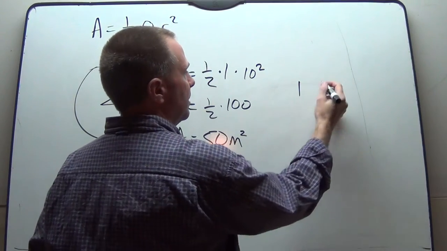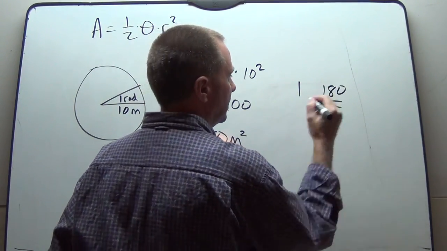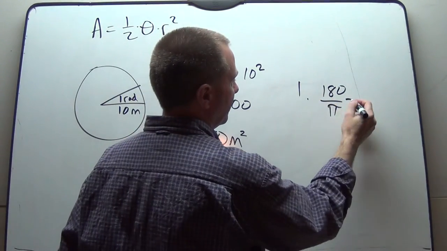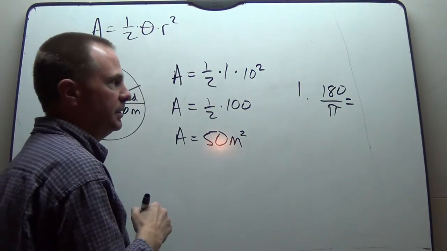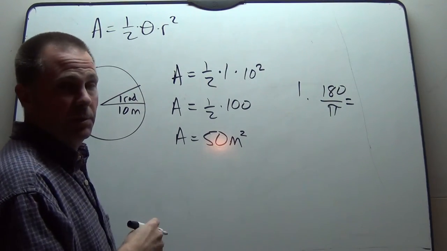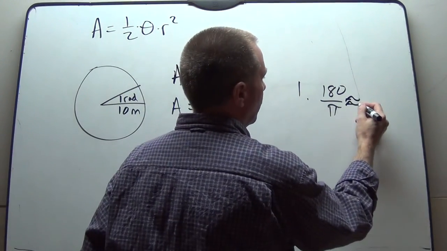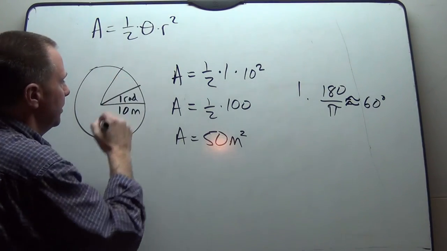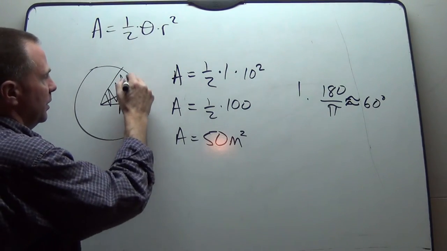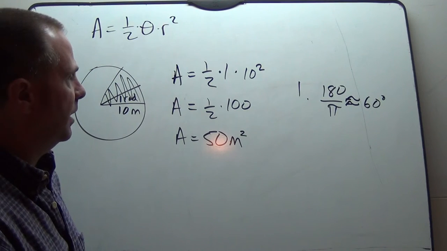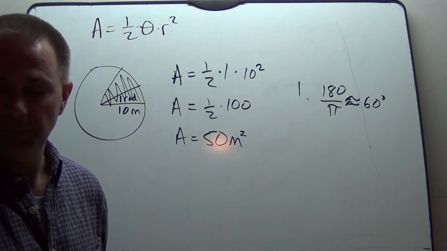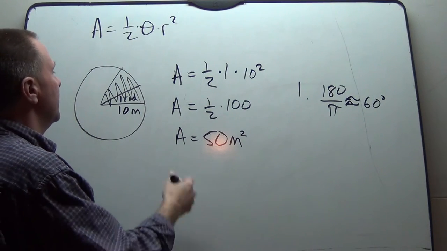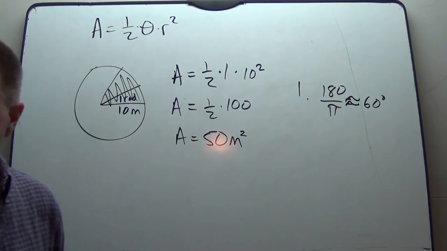Converting radians back into degrees, you would take 1 times 180 divided by 3.14. 180 divided by 3 is 60, so it's going to be roughly close to 60 degrees. Not too far off from there, maybe about that much. That's what it would look like if you really wanted to find out how much of the circle was shaded in. Okay, that is how you find area, that's how you find radius.